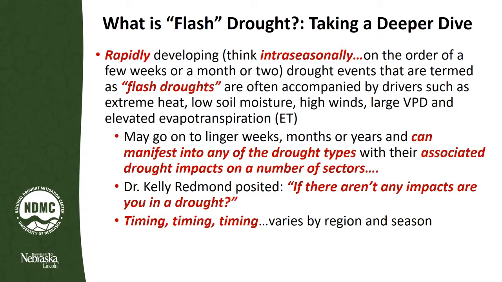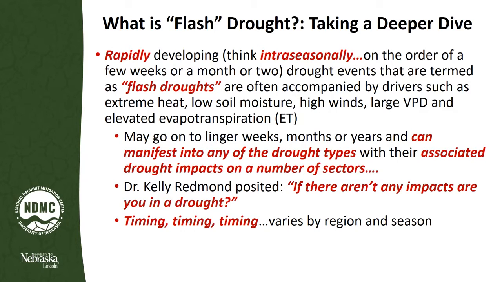So we think of these as more intra-seasonal. I think the traditional mindset is drought's a very sneaky, slow onset disaster. And what we're trying to show here is that depending on the time of year, depending on the region, these droughts can intensify quickly and cause major impacts in just a few weeks, on the order of 4 to 8 weeks, 10 weeks, somewhere in that neighborhood, and not 4 to 8 or 10 months necessarily.